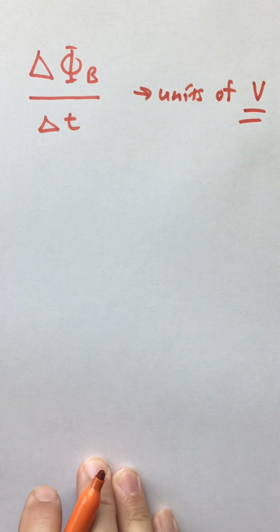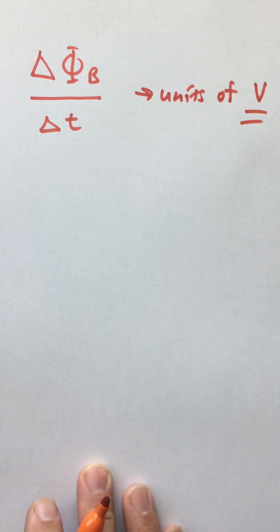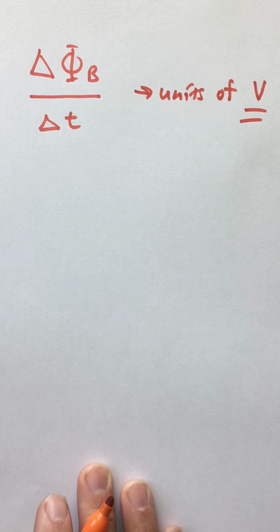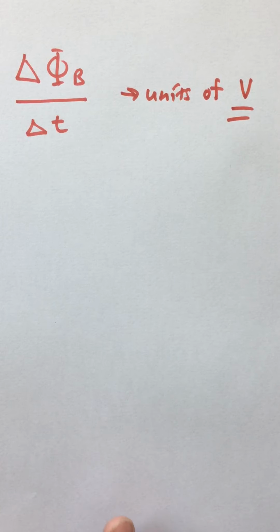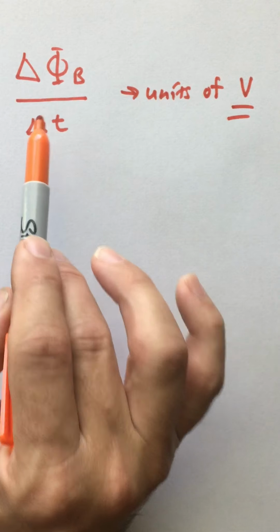What is a volt? It is a unit of electric potential. We normally encounter those with batteries. That's really interesting, and that can't be an accident. It has to mean something because that's how physics and the physical universe work. And as it turns out, this is exactly what happens.